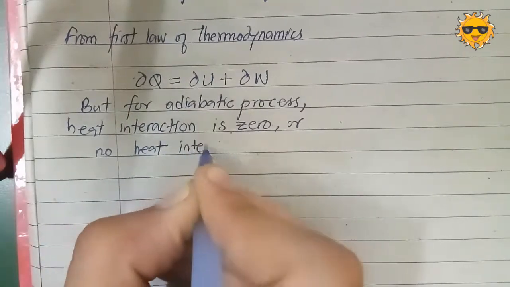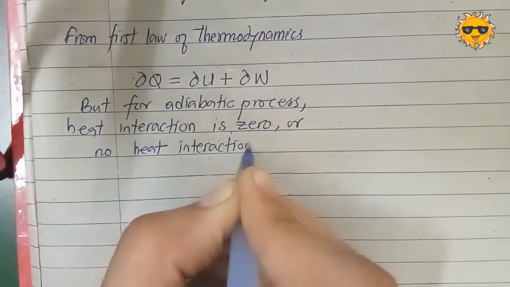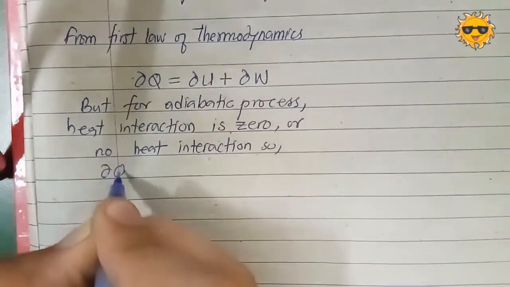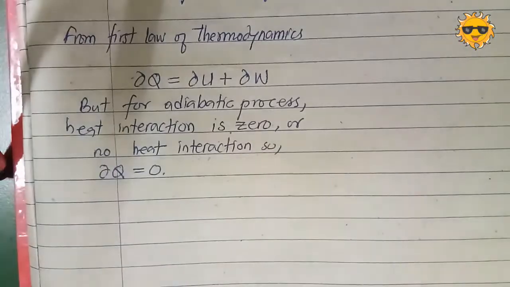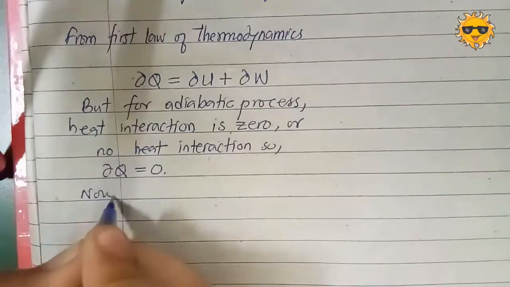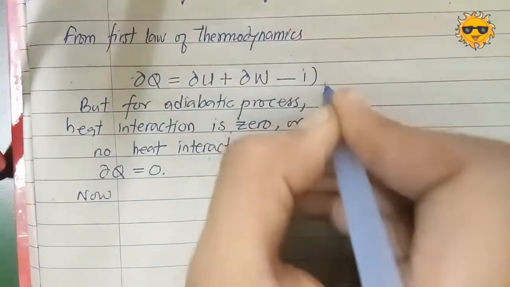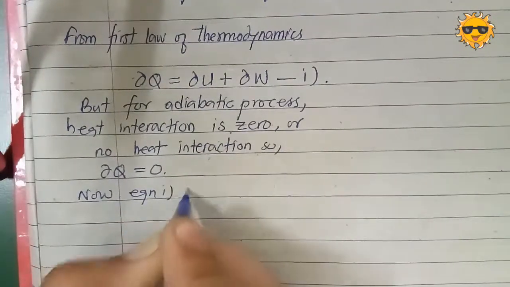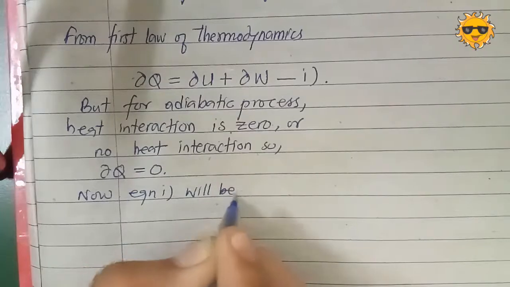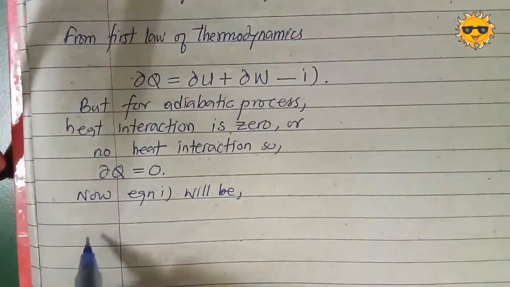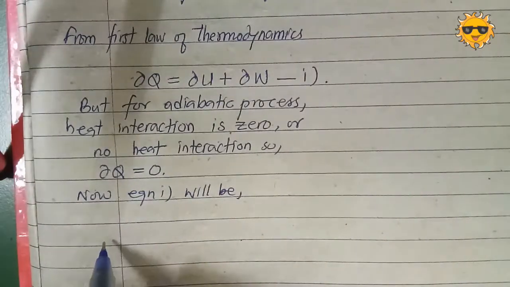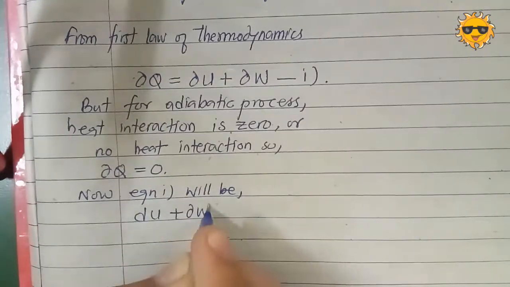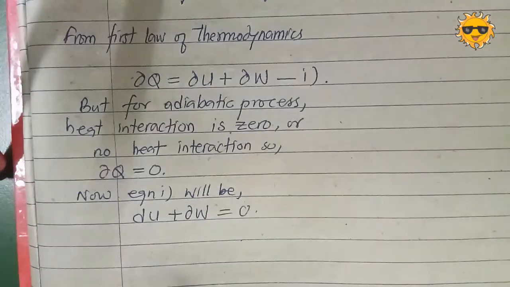So here for adiabatic process, there is no heat interaction, so dQ equals 0. Now the first law of thermodynamics for adiabatic process will be as follows, that is dU plus dW equals 0.